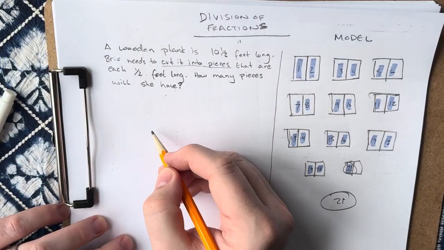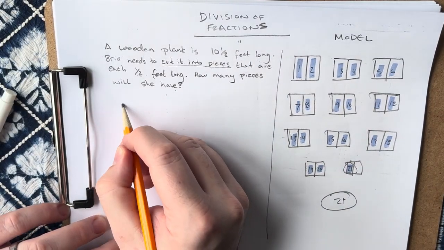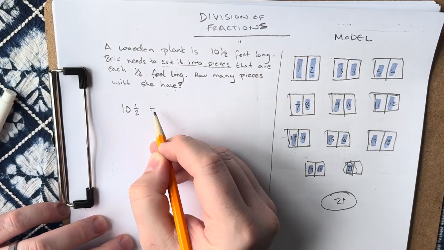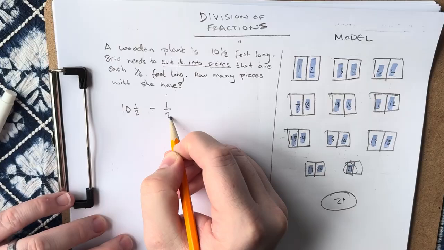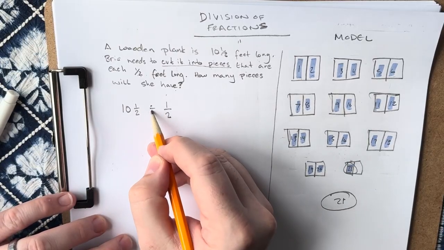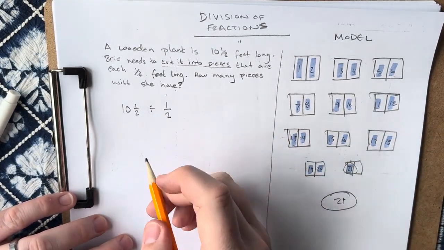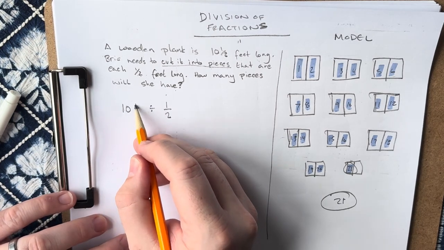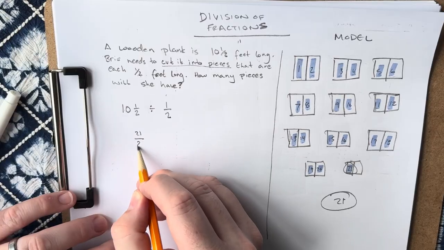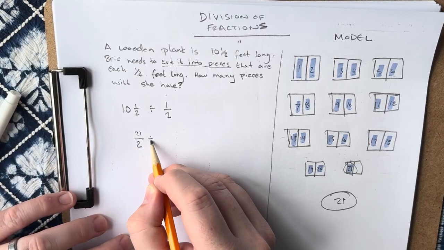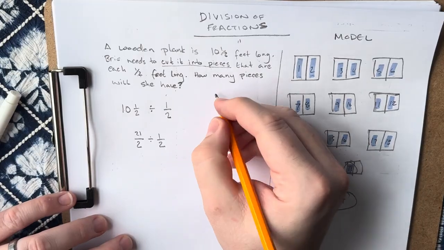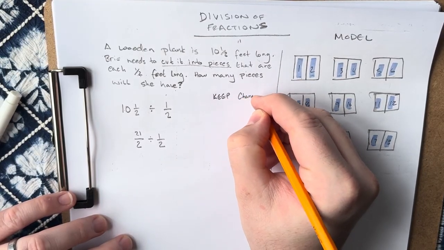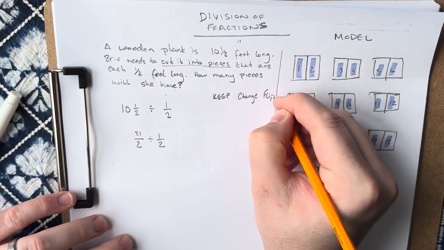Now if we go over here, we say 10, okay, and 1/2 divided by 1/2. Now, following my process of going to improper fractions first, 10 times 2, okay, is 20 plus 1, 21 over 2 divided by 1 over 2, and then we follow our rule, keep, change, flip.